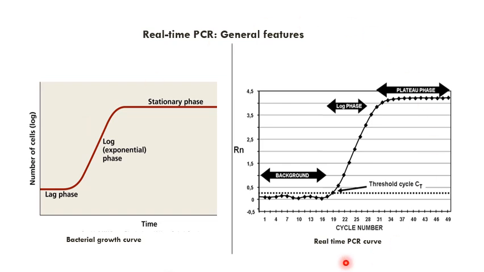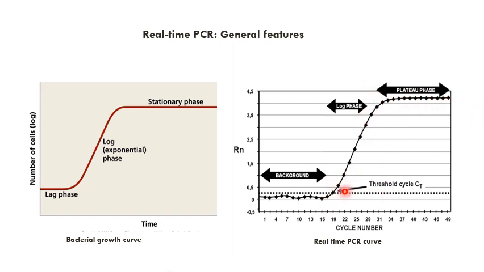The real-time PCR is the same. You will have a background, which is the lag phase, then the exponential phase, which is the log phase, and finally the plateau where it is stationary or stable.